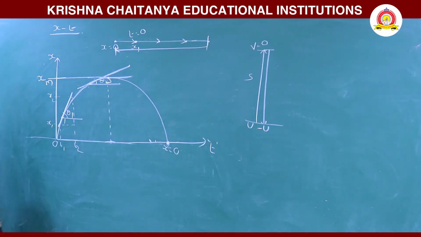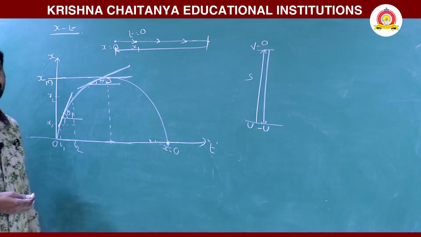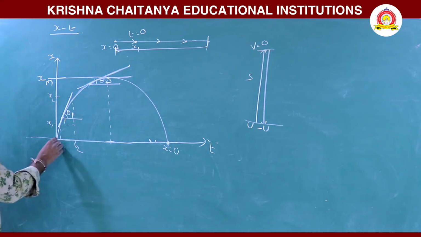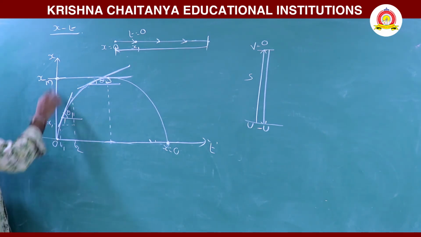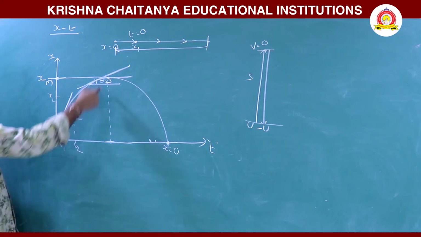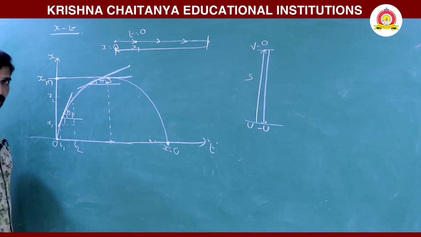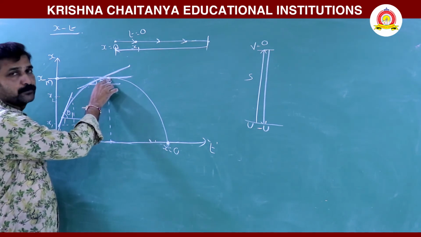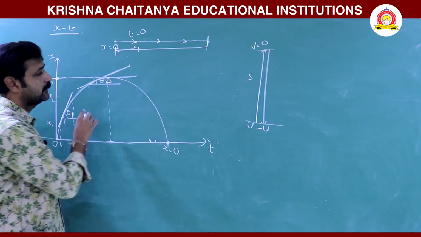Generally, to find displacement, we simply draw a straight line from the starting position to the final position. This is the starting position, this is the final position, so this is the displacement; I draw the parallel line here. When it reaches here, slope is 0 since the straight line is horizontal.